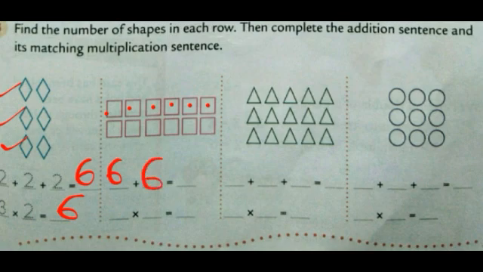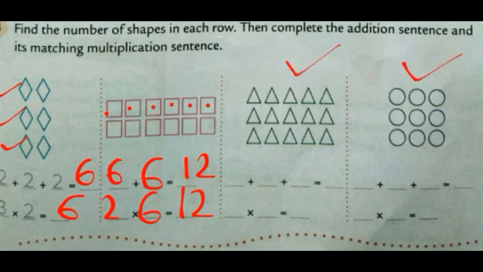So what is 6 and 6? 12. Now we will make the multiplication fact. For that, first see how many rows are there. 2. And in each row, how many are there? 6. So 2 sixes are 12. This is the way you need to do this. So try this one and this one as homework.